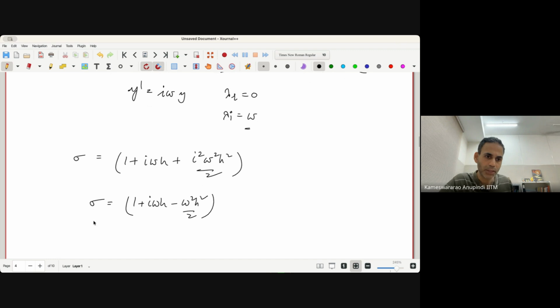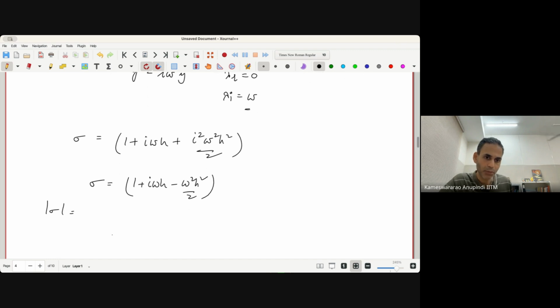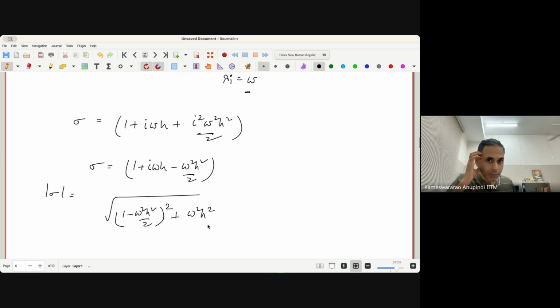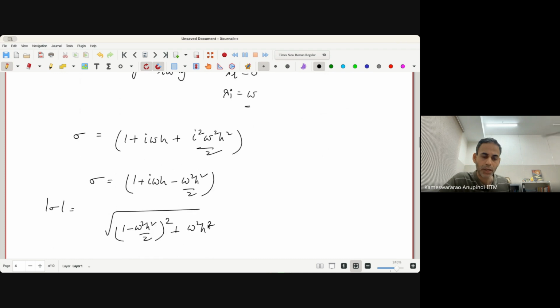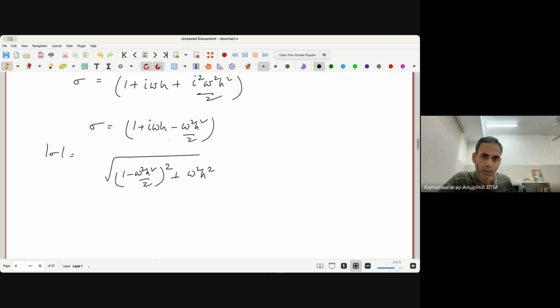Then the modulus of sigma is the square root of the real part, 1 minus omega square h square by 2, squared, plus the imaginary part, omega square h square. Calculating this, it is the square root of 1 plus omega power 4 h power 4 by 4, minus 2 times 1 times omega square h square by 2, plus omega square h square.